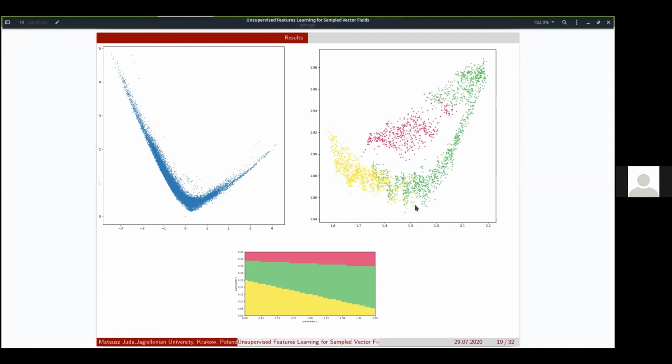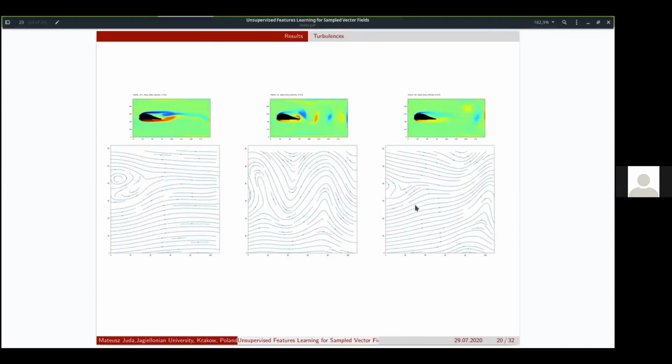Okay, so those were two examples from simulation, and this is the last example from simulation. Right now, I'm taking a simulation of fluid flow. This is a model of a wing, and we run airflow from left to right.